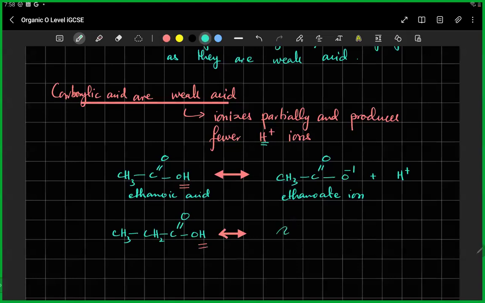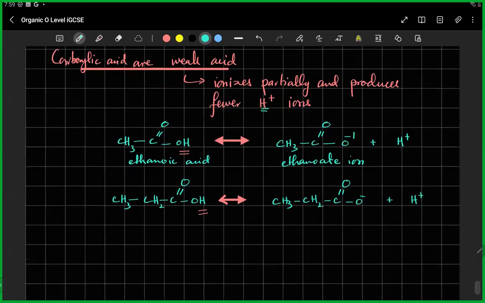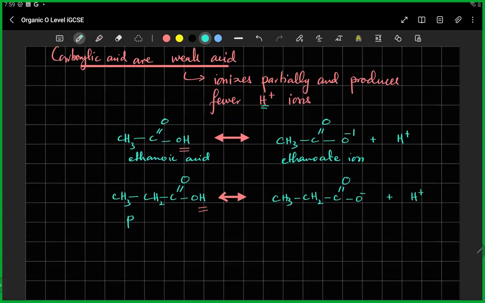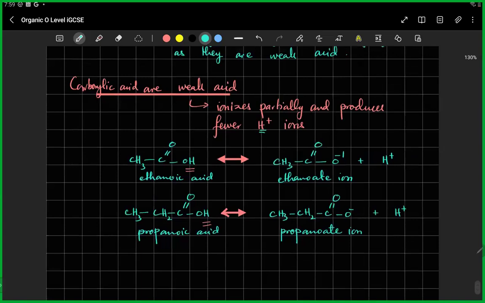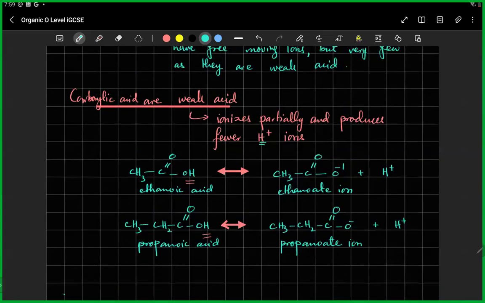So it's going to form CH3CH2COO minus. वो लास्ट वाला जो H है, that has dissociated, ठीक है। तो अगर आपके पास propanoic acid है, तो यहाँ पे it's going to form propanoate ion, ठीक है। ये क्लियर है बात सारों को? Is this clear? Yes, sir.